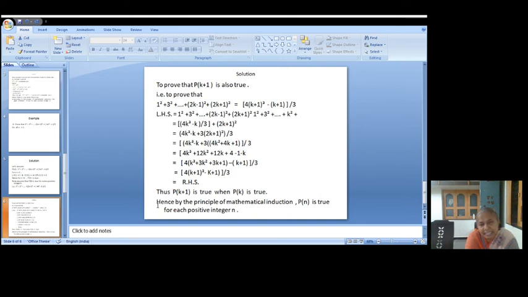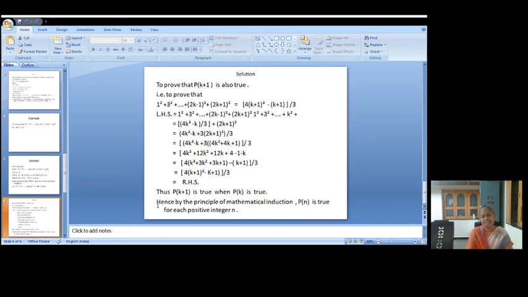Now here we take the LHS part. What is LHS? 1 square plus 3 square up to (2k minus 1) square plus (2k plus 1) square. Now the extra term that occurs here, 1 square plus 3 square, is by mistake; delete that while writing the notes, and we take the next term as.